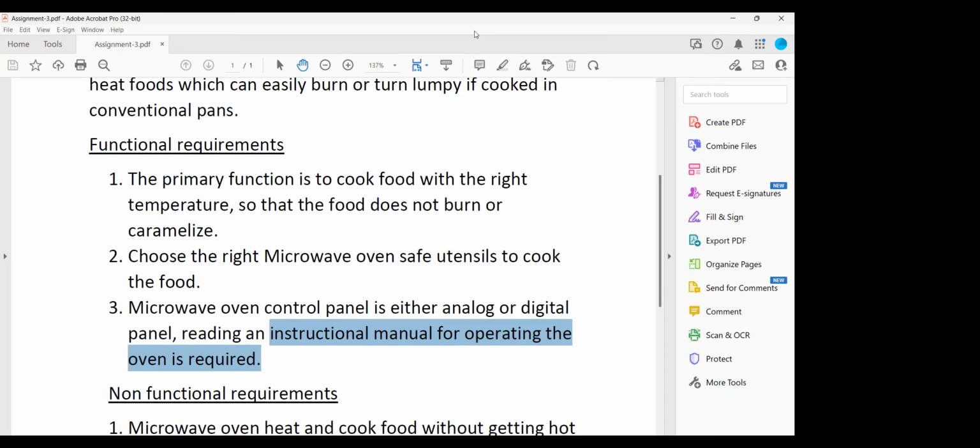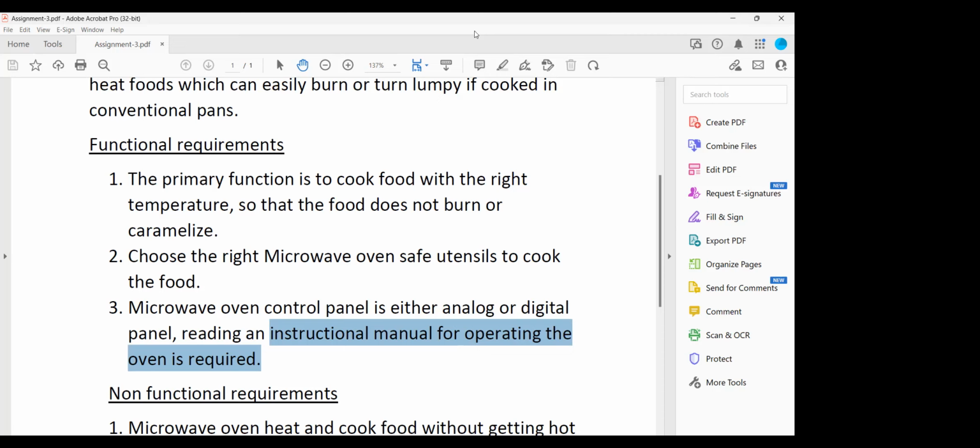Okay, what else is a non-functional requirement, please? Performance, sir. Well done. What do you mean by performance? The temperature should be evenly distributed.